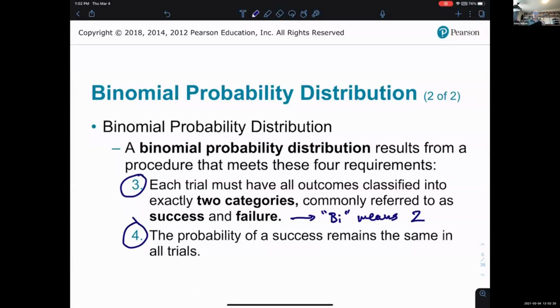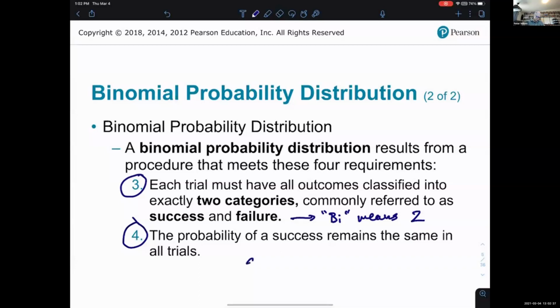So flipping a coin some n number of times is an example that would lead to a binomial probability distribution because it fulfills all of these 4 requirements. It's usually the simplest one that people will keep in mind.